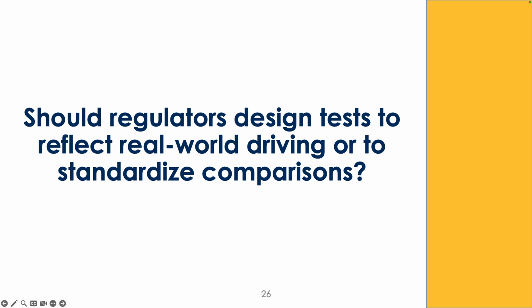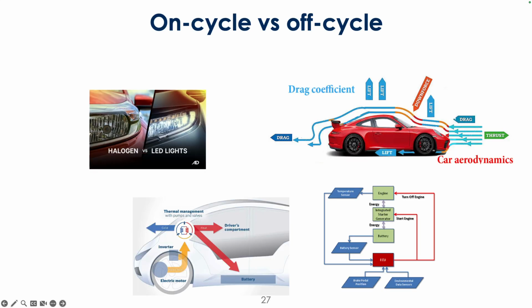Okay. Other things to think about with efficiency are on-cycle versus off-cycle. Typically when we talk about on-cycle efficiency, this is in reference to the fuel consumption and energy consumption of actually moving the vehicle, using the drivetrain, getting from point A to point B. But you can improve efficiency by doing certain things to the vehicle that have nothing to do with the operation of the drivetrain itself.